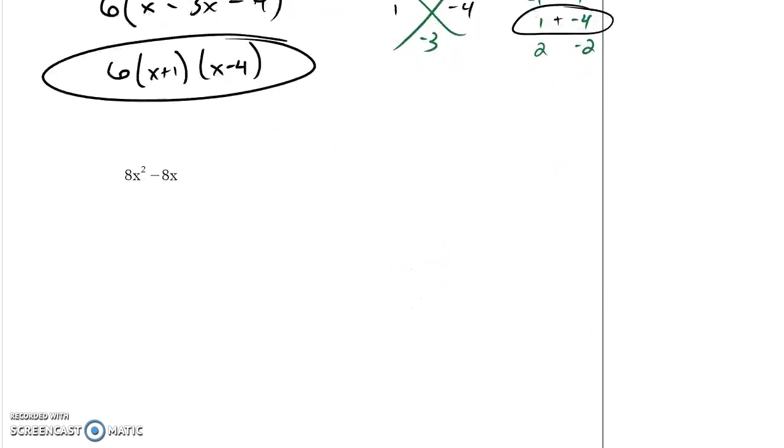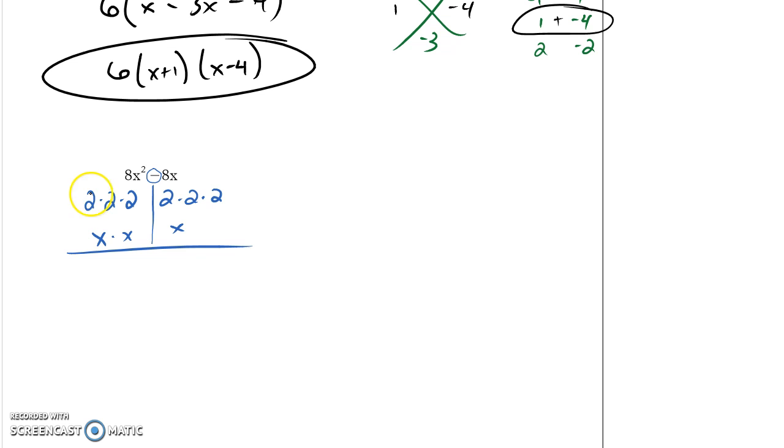So again, last problem. I have a number in front of my x squared. My constant is 0. I could still factor tree or factor this with the box problem. But because there's a number in front of x squared, I look here first. 8 is 2 times 2 times 2. X squared is x times x. 8 is still 2 times 2 times 2 with 1x.